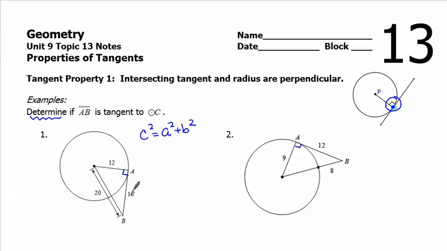So the biggest number here is 20, so that would have to be my hypotenuse. 20 squared equals, maybe, we don't know, we're going to find out, that's why I'm going to put a little question mark there, 12 squared plus 16 squared. Now 20 squared is 400. When I put 12 squared plus 16 squared into my calculator, I get 400. Because 400 and 400 are the same, then I know that yes, AB is tangent.